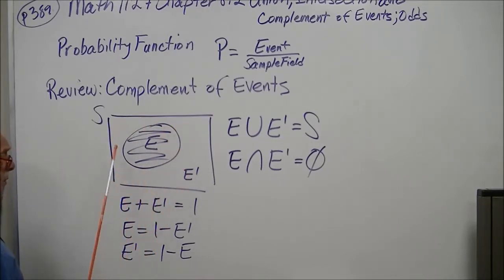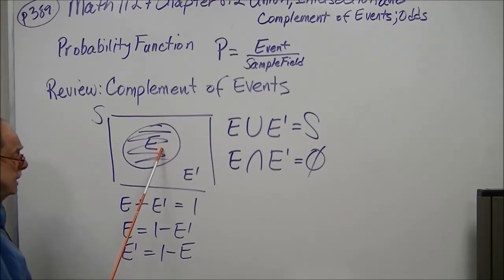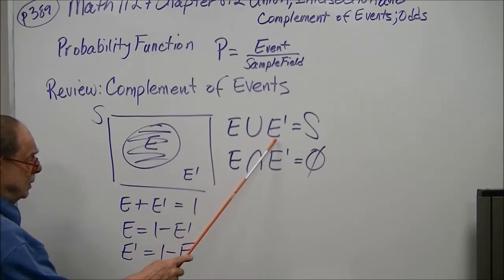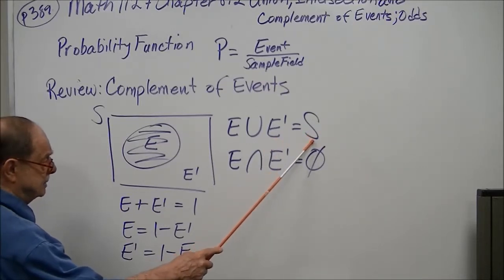And then within that we have set E. Well, everything not in set E is said to be the complement of E. So if we take E in union with the complement of E, we get our sample field.